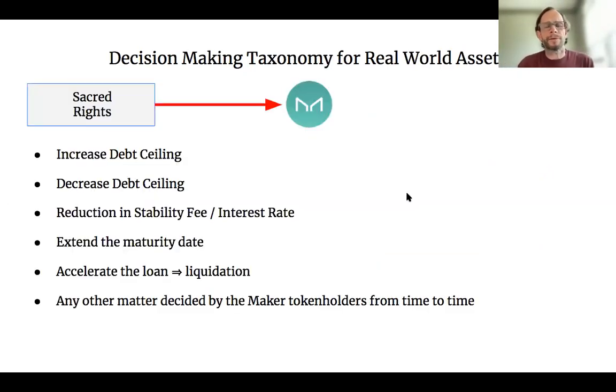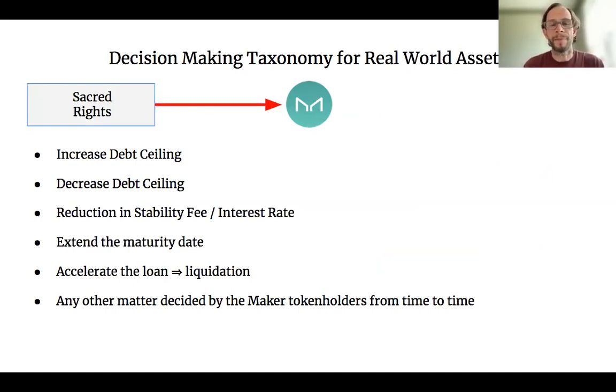So, sacred rights. Again, these are here for discussion. We chose these sacred rights as being ones that you typically see in the real world, particularly if you have a bond financing where you have multiple holders of a debt.